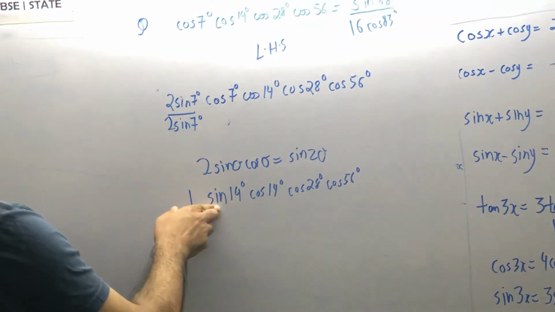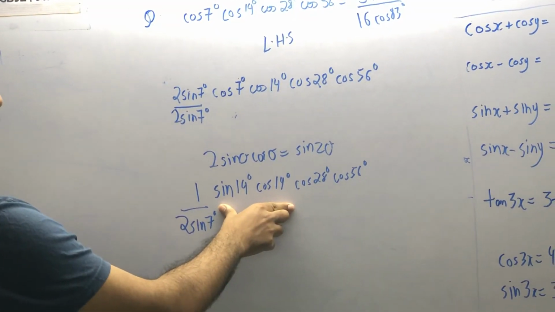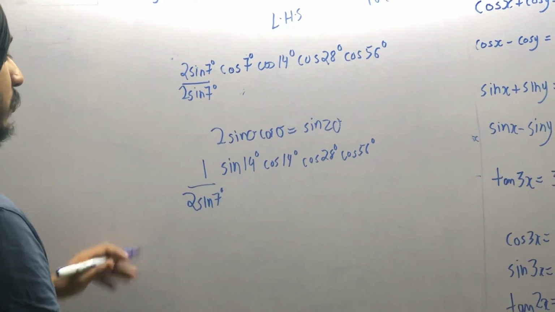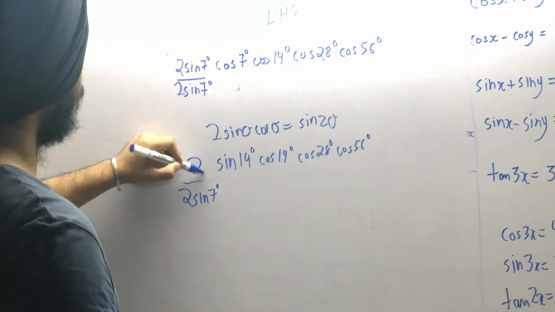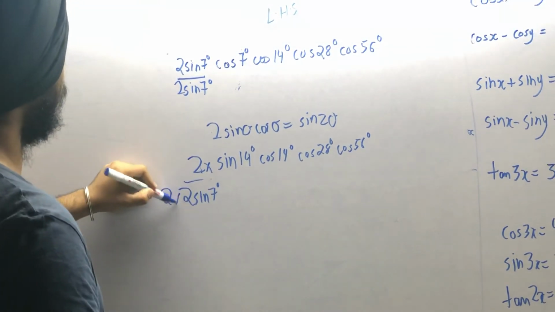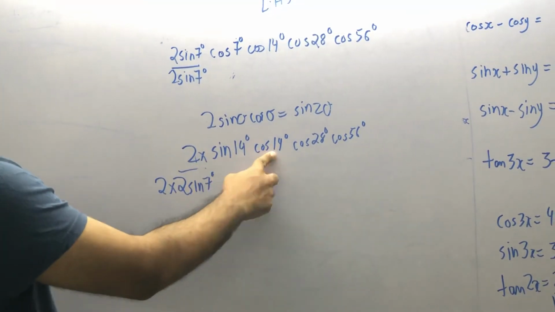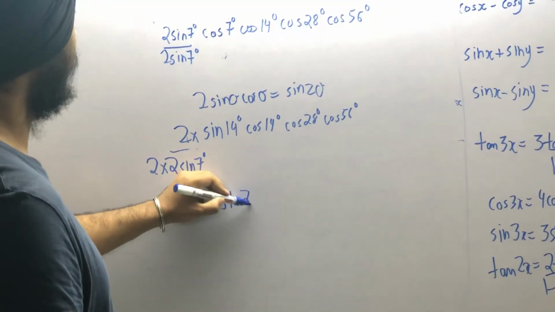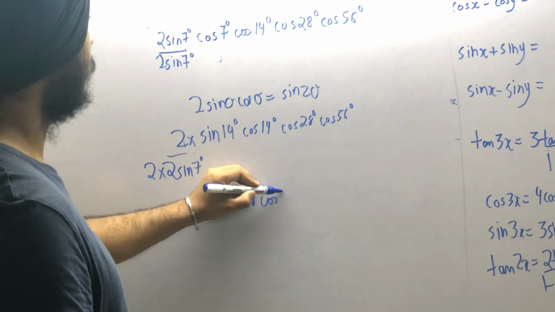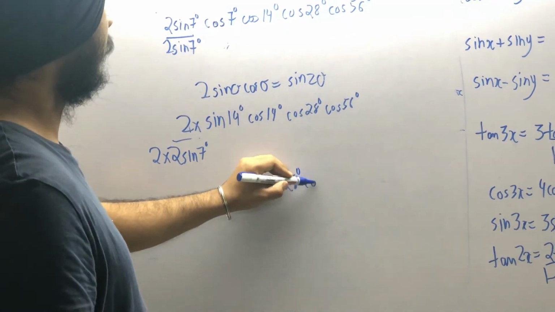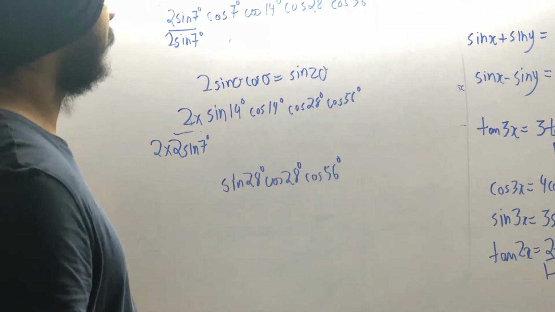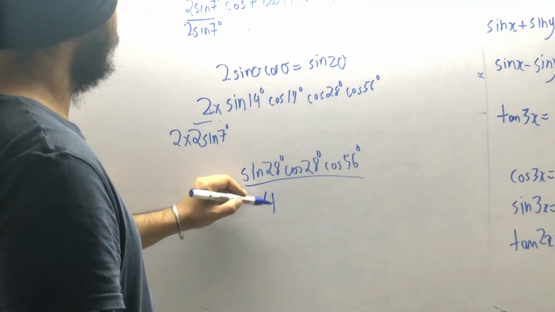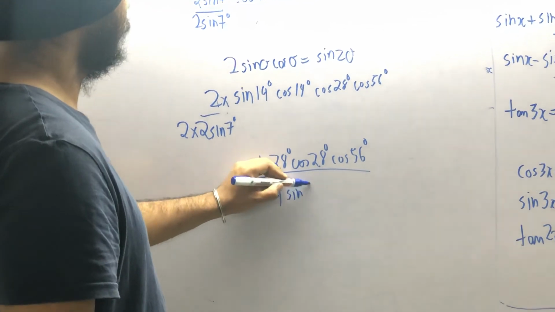Next thing, now here again you have sine 14 cos 14. You will multiply and divide by 2. So 2 into 2 sine theta cos theta, that is sine 2 theta. So this will become sine 28 degree cos 28 degree cos 56 degree, upon 4 sine 7.